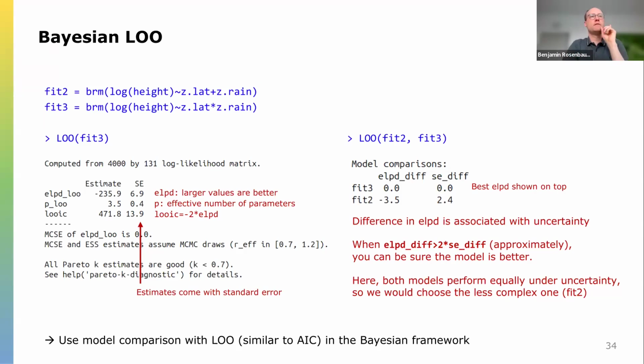If you just look at the LOO for the one model, you get all the information: the ELPD, and you also get the LOOIC value, and for the LOOIC value the lower values are the better. It also comes with a standard error.